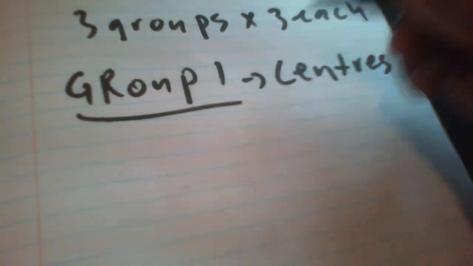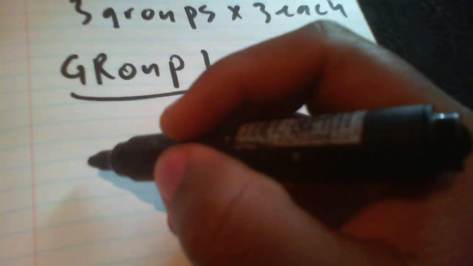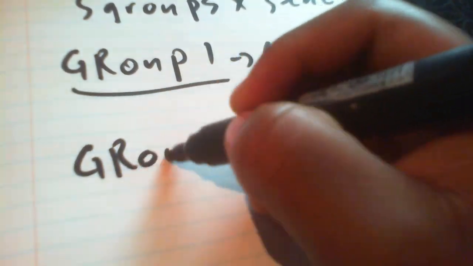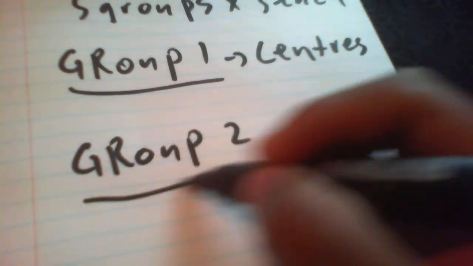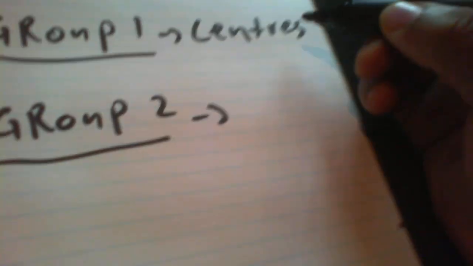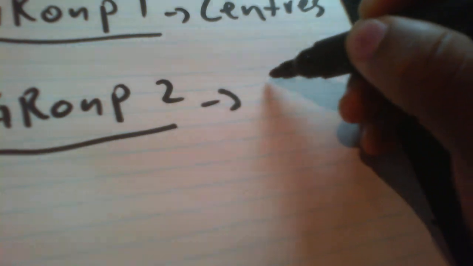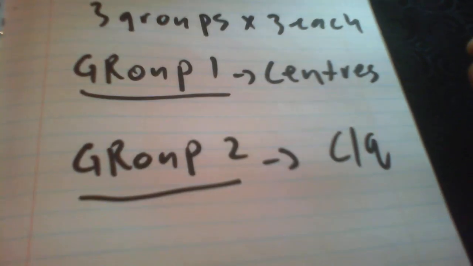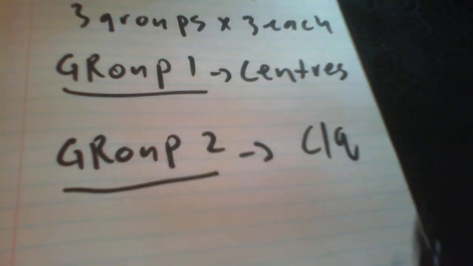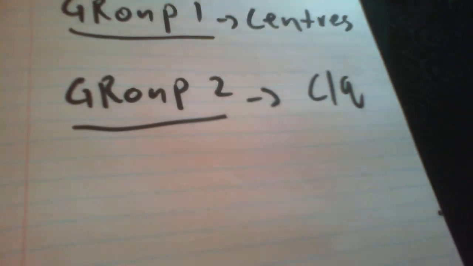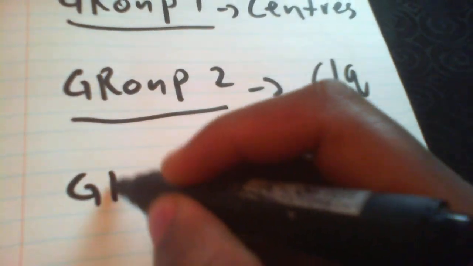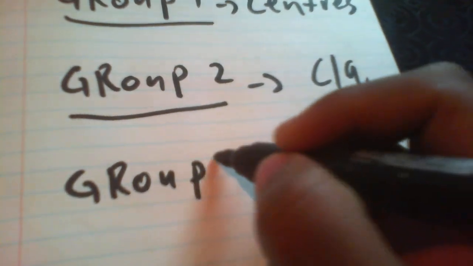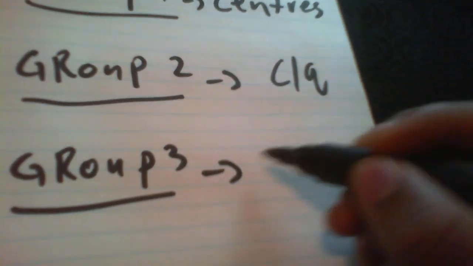So group 1 is my centers, and group 2 is going to be the cyclic quads. So I'll just write CQ for cyclic quads. And then now we want to also look at group 3. Group 3, you've guessed by now that it has to do with the tangents.